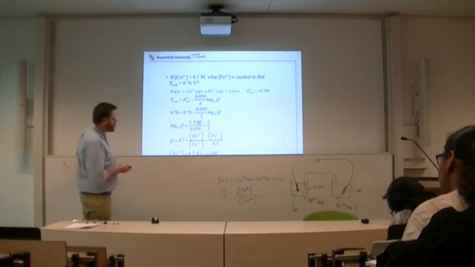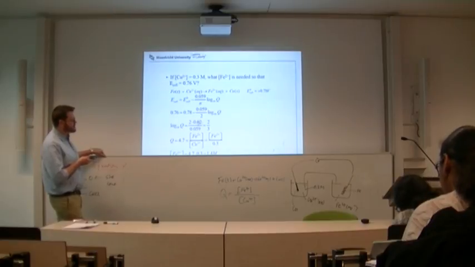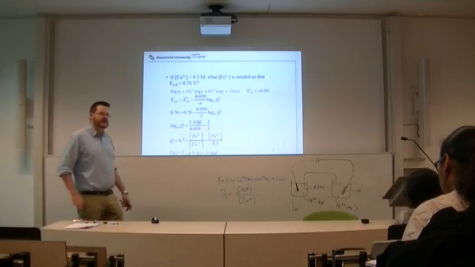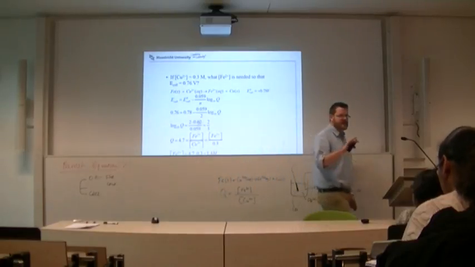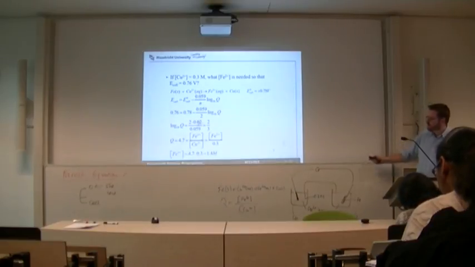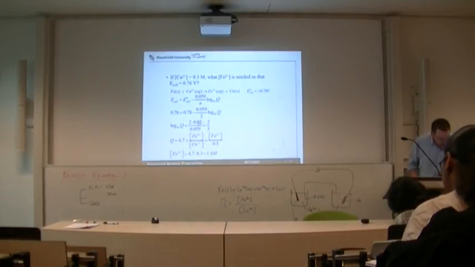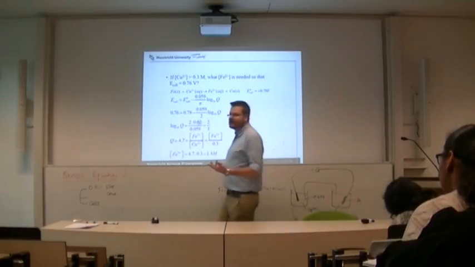Now we know that the initial copper concentration, we're told, is 0.3, so I solve for the iron 2 plus concentration. You must be able to work with logarithms to do this, everyone, please. And you get a value of 1.4. In other words, it's a simple matter of plugging the variables into the Nernst equation and solving for the respective thing that you're looking for.